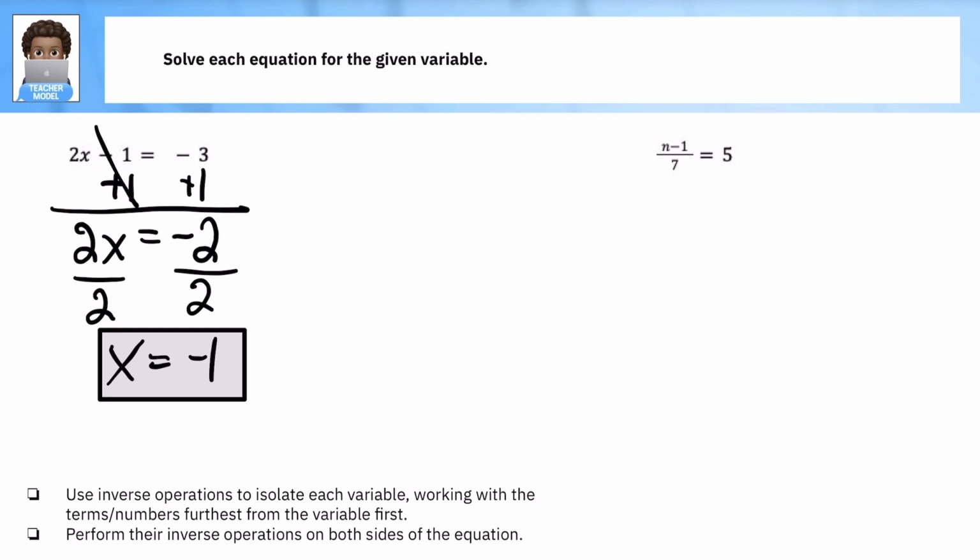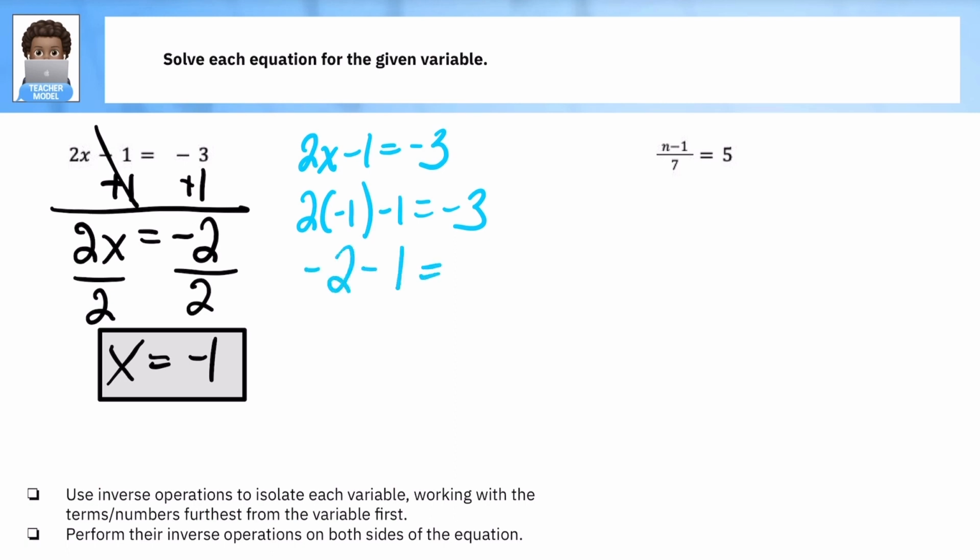Checking your work just allows us to check that we didn't make any computation errors. Two times -1 is -2. -2 minus 1 is -3. We're correct.